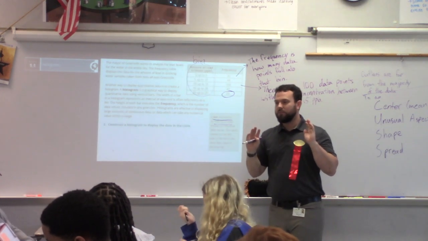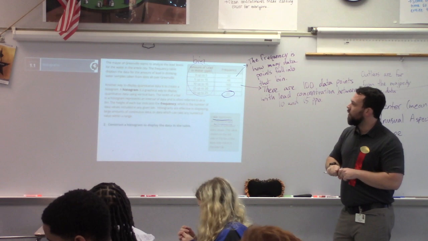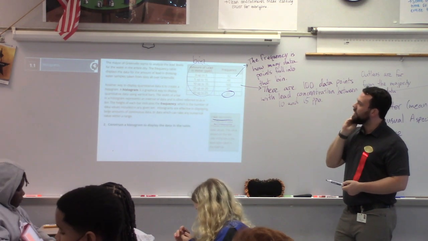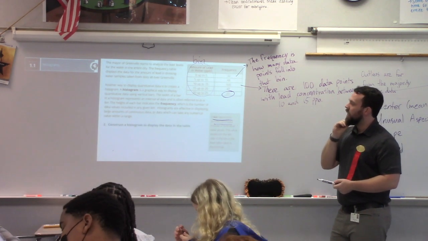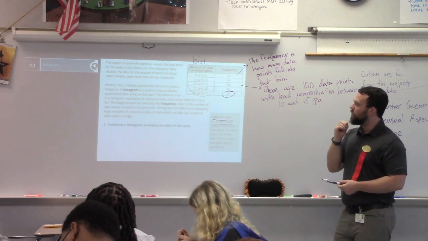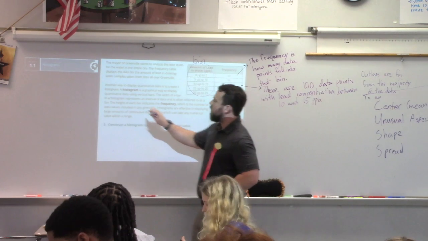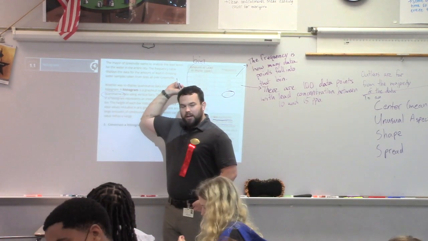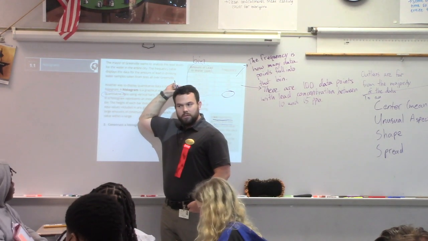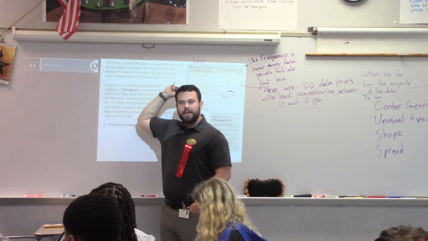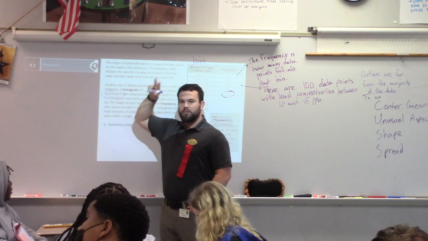So a way to display quantitative data is to create a histogram. A histogram is a graphical way to display quantitative data, which we haven't used this word quantitative. What are the two types of data? Categorical and numerical.